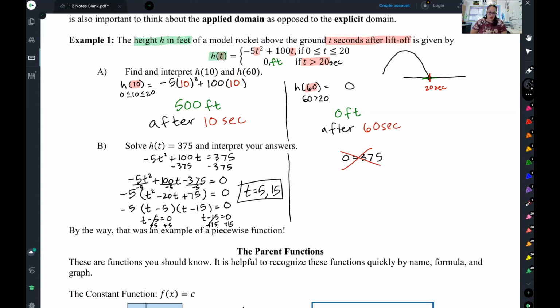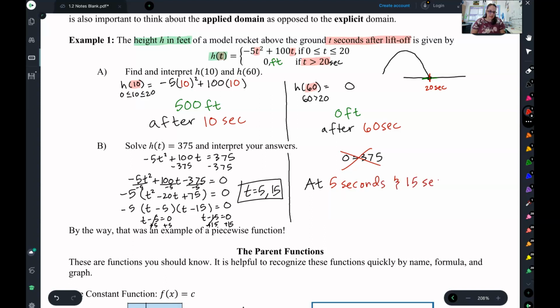Now, once again, we need to interpret our answers. So we know that these are t answers, which means these are time answers. So we have at 5 seconds and 15 seconds. That's what we're talking about. So what is going on at 5 seconds and 15 seconds?